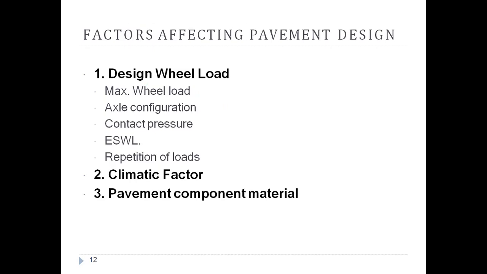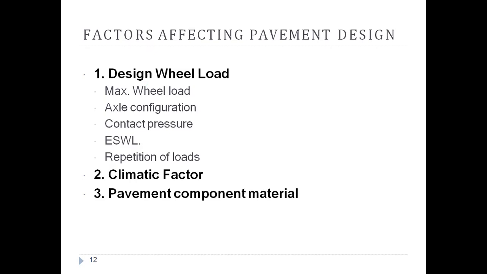The major factors affecting the pavement design. The major factors affecting pavement designs include maximum wheel load. As per the rules, we have codes for the construction of these pavements. We are using some code books. According to those codes, the maximum wheel load has to be known before laying the pavement.